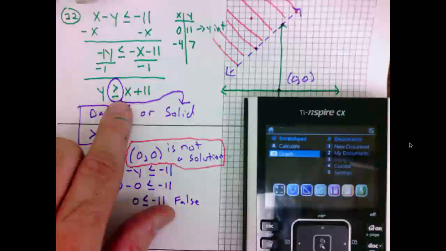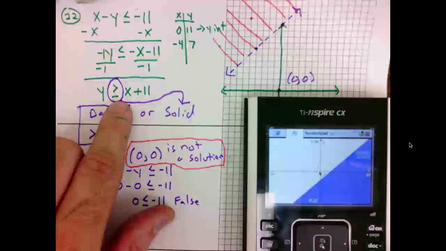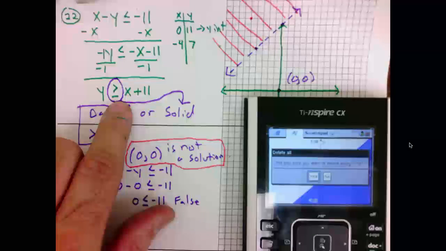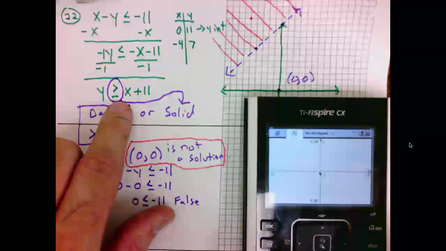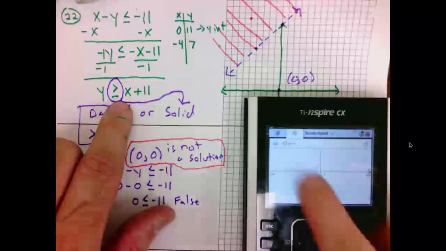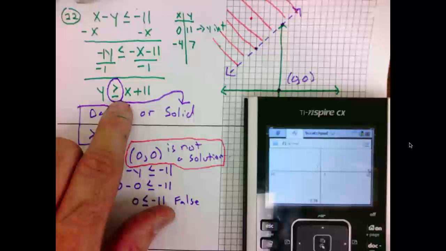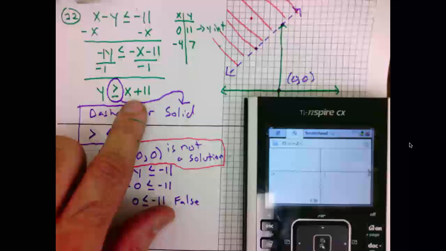Go to my grapher. I have a previous graph. I'm going to hit Menu, 1 for Actions, 4 for Delete All. Delete everything, yes. Now I want to enter in my new inequality. Tab. It says F2. I'm going to scroll up to F1, deleting the previous function. X plus 11.